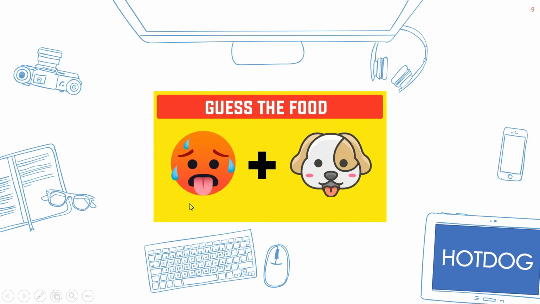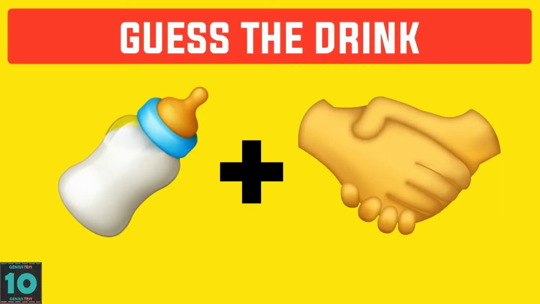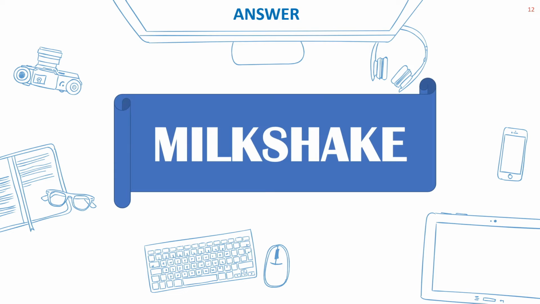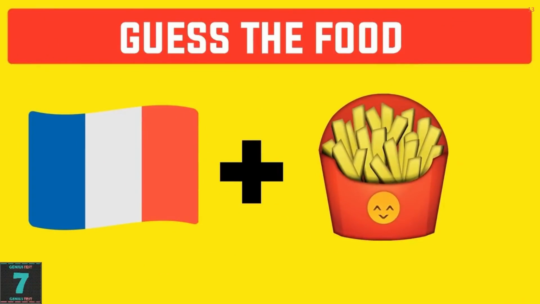So easy, isn't it? Number 1. Guess the food. Done? Correct. The answer is milkshake because we added the milk and the shake from the handshake. So the food is milkshake. Very good for those who answered correctly. Guess the food.